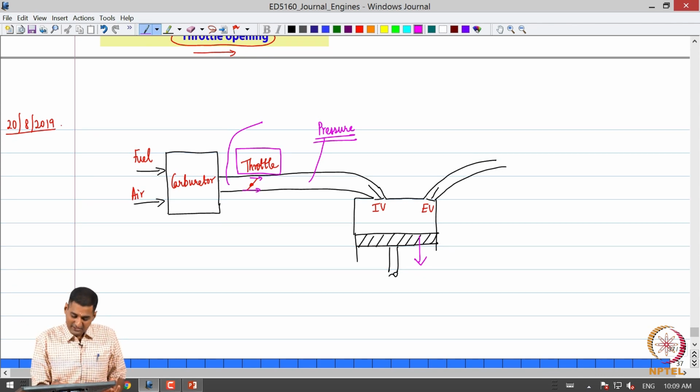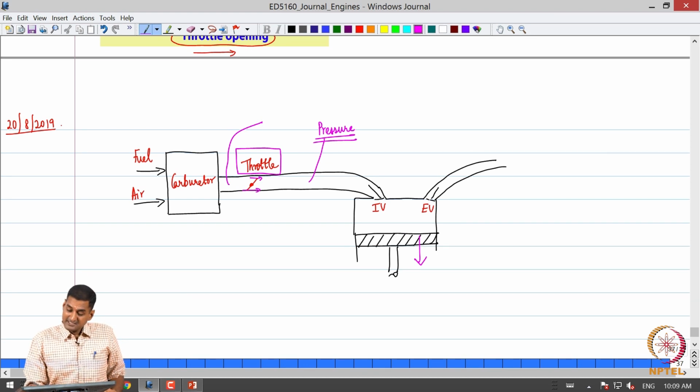So, the mass flow rate of the fuel and air is also limited because the throttle opening is small. The pressure here is going to fall, and the speed of the engine is also low. So, for each stroke there is more time available.